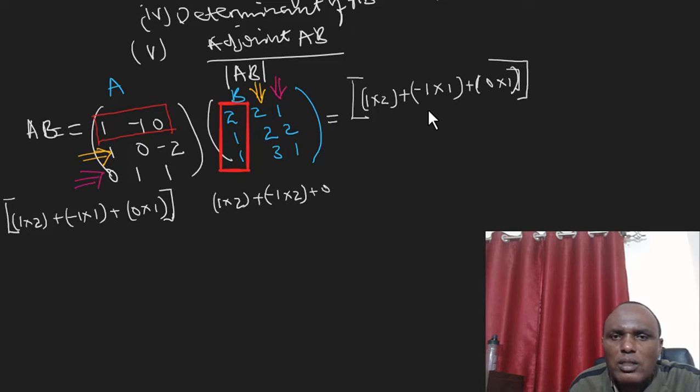Now we have the second element of the product matrix.